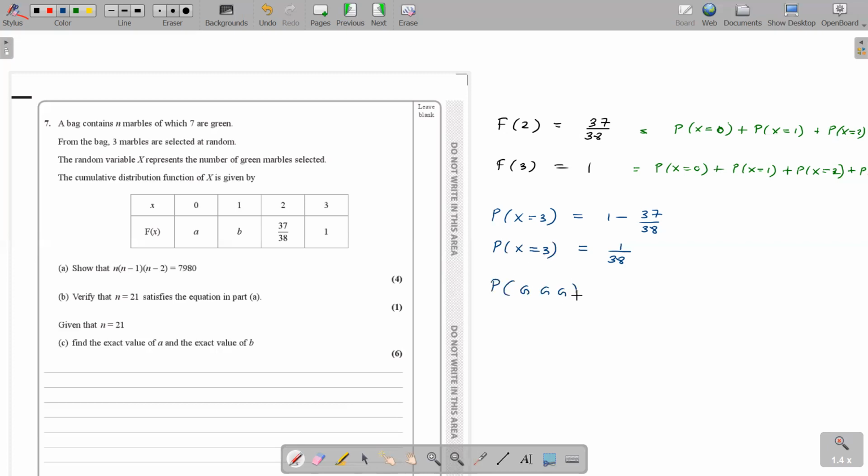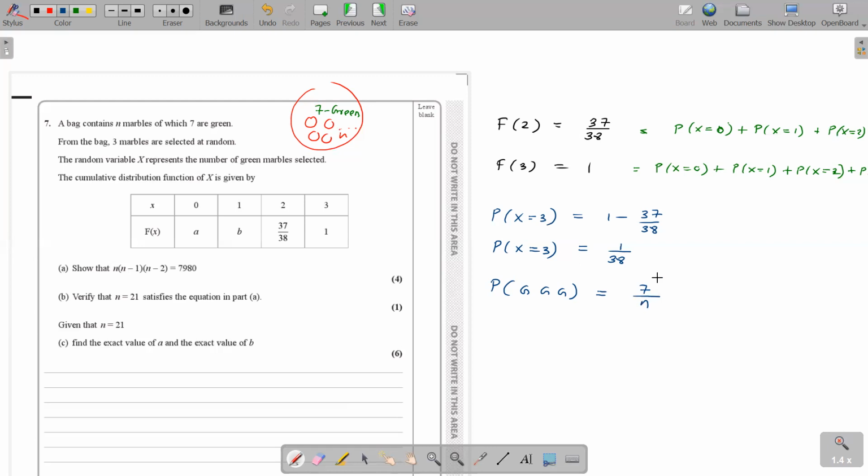Green, green, green. Now we know there are 7 green marbles. Out of how many? The total number of marbles inside the bag is n. Out of them, 7 are green. So what's the probability of taking the first green marble? You have 7 chances out of n, because there are 7 green marbles and there are total n marbles.